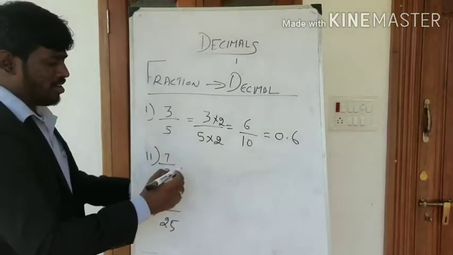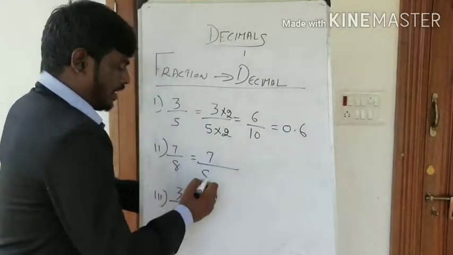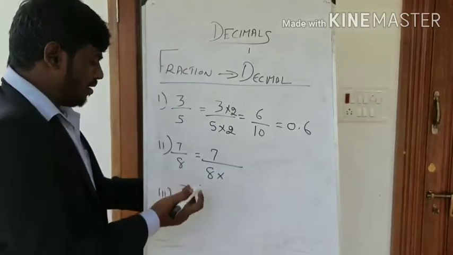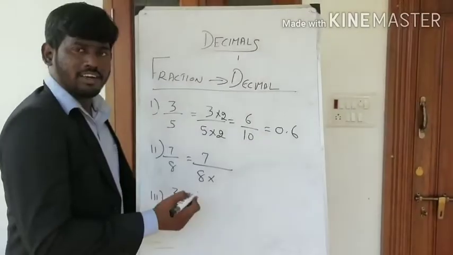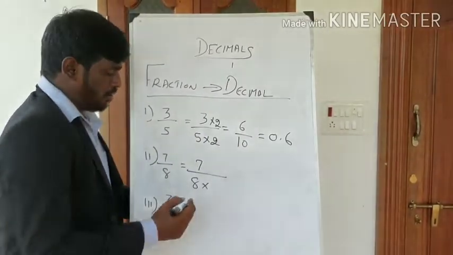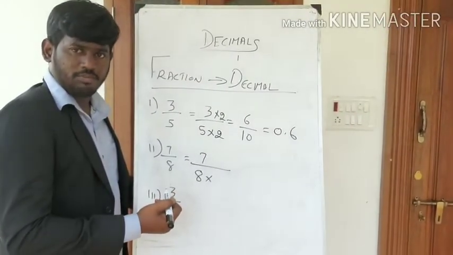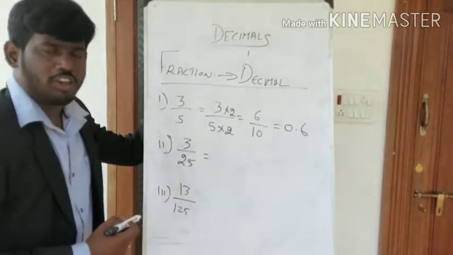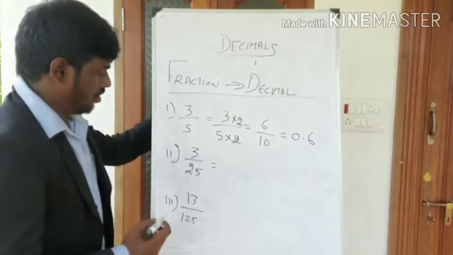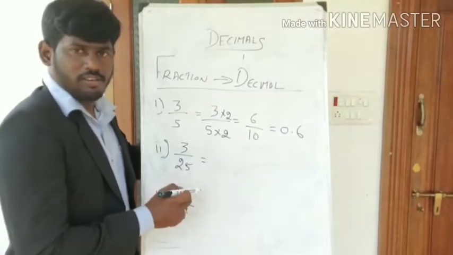The second question, 7 by 8. If I multiply 8 with some number, I need to get 100 or 1000. Maybe with 100, I am not able to get it from 8. Next question, 3 by 25. I want to make the denominator 10, 100 or 1000.